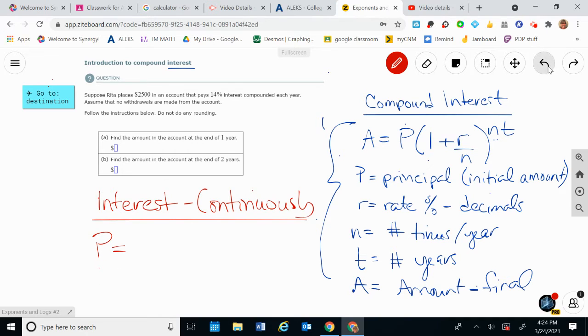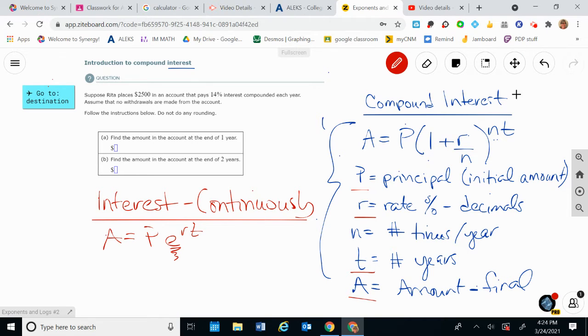A is equal to P, my bad. The final amount is equal to the principal times E to the RT. Everything is the same. A is the final amount, T is the number of years, E is E, R is the rate of interest, and P is the principal. Same letters, but the only difference is we're going to use the natural exponent, E.